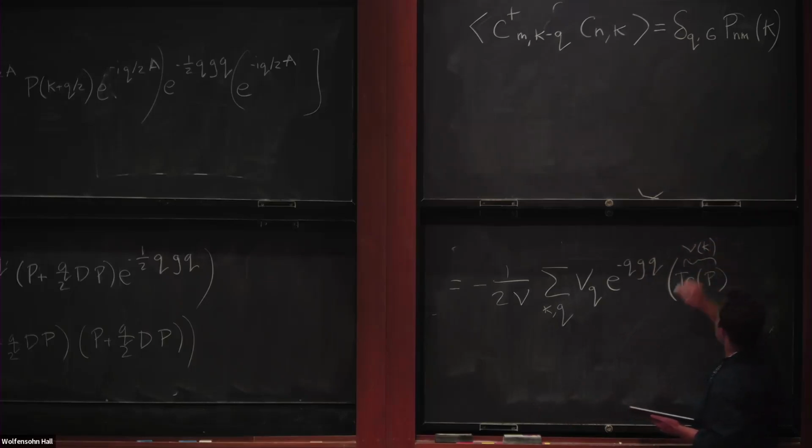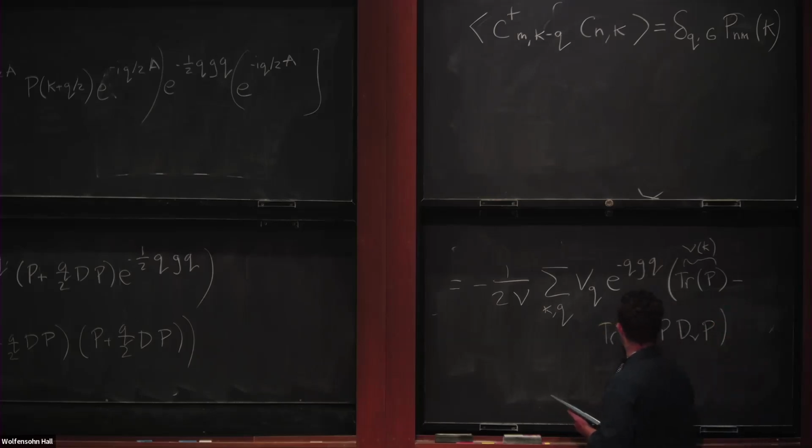It says how many electrons you've occupied at that point in k space, minus d mu P d nu P, traced with this thing contracted with q mu q nu over 4.